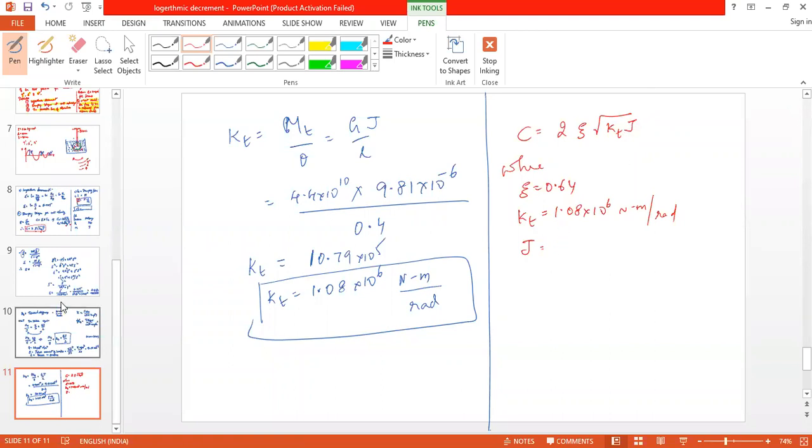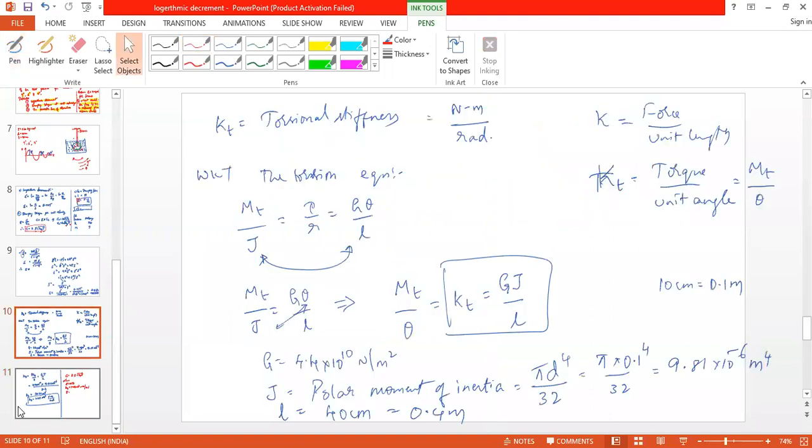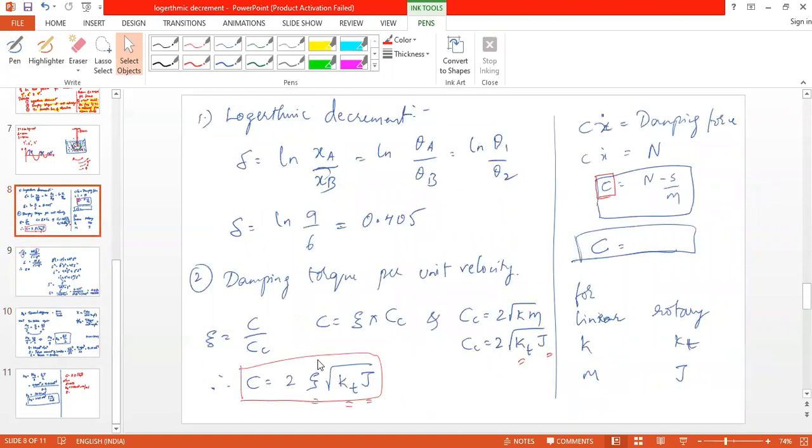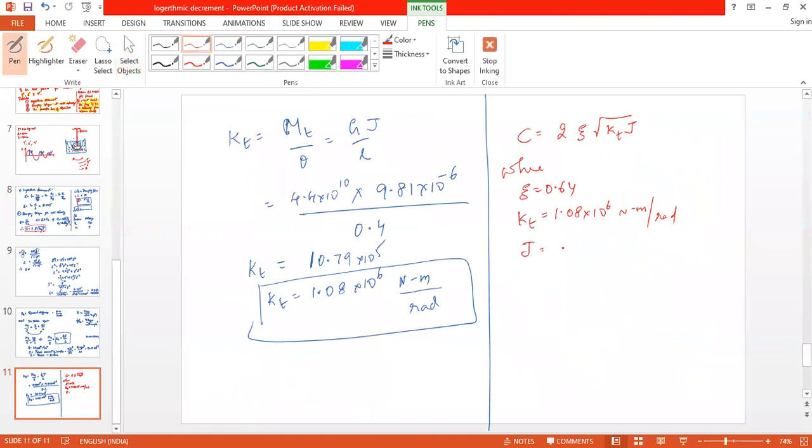No. See, in the torsion equation J is polar moment of inertia. But here, K is the stiffness and M is the mass in case of linear vibration, whereas in torsional vibration it is replaced by KT, that is torsional stiffness, and M is replaced by J, that is mass moment of inertia.